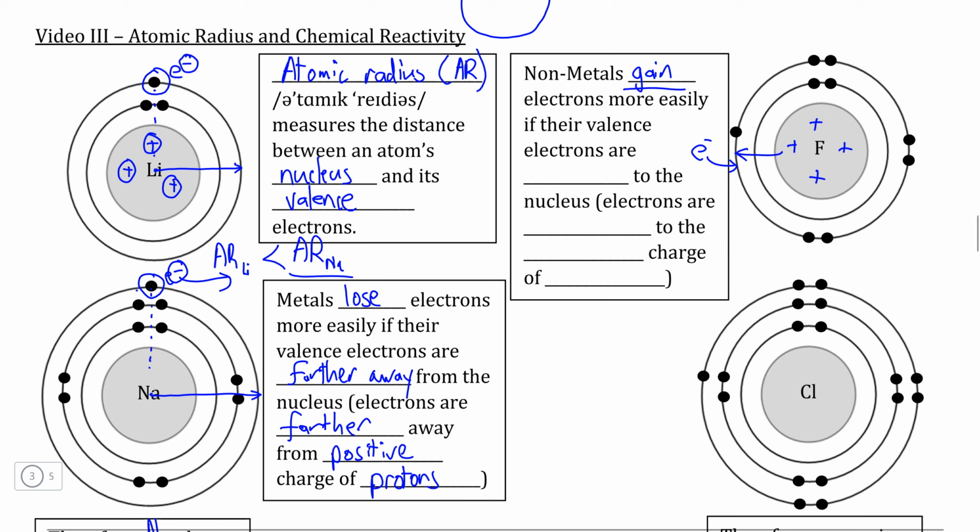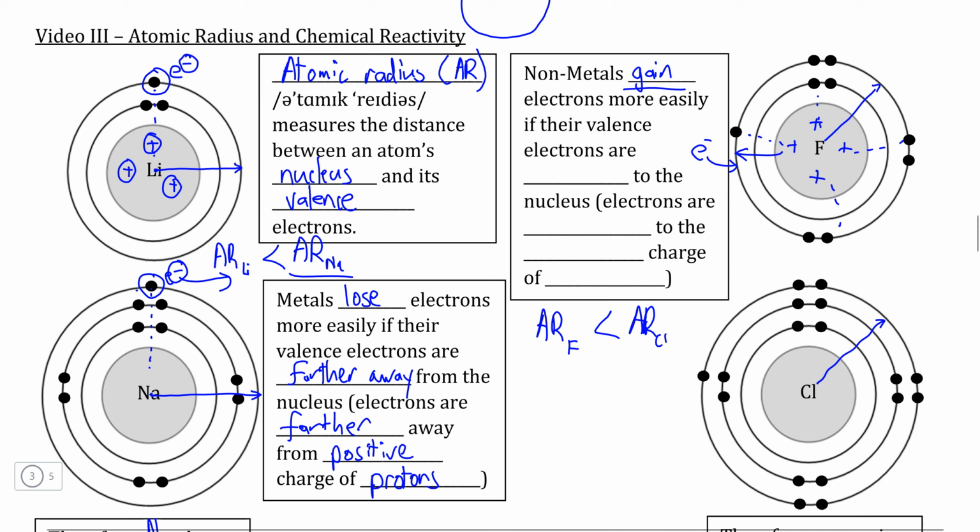So in this case, the opposite conclusion must be true, because the atomic radius of fluorine is smaller than the atomic radius of chlorine, because again, chlorine has a third electron shell, whereas fluorine only has 2. This means that because fluorine's electrons are closer to the nucleus, the electrons are closer to the positively charged nucleus because of the protons, and therefore fluorine's electrons are harder to remove than chlorine's.